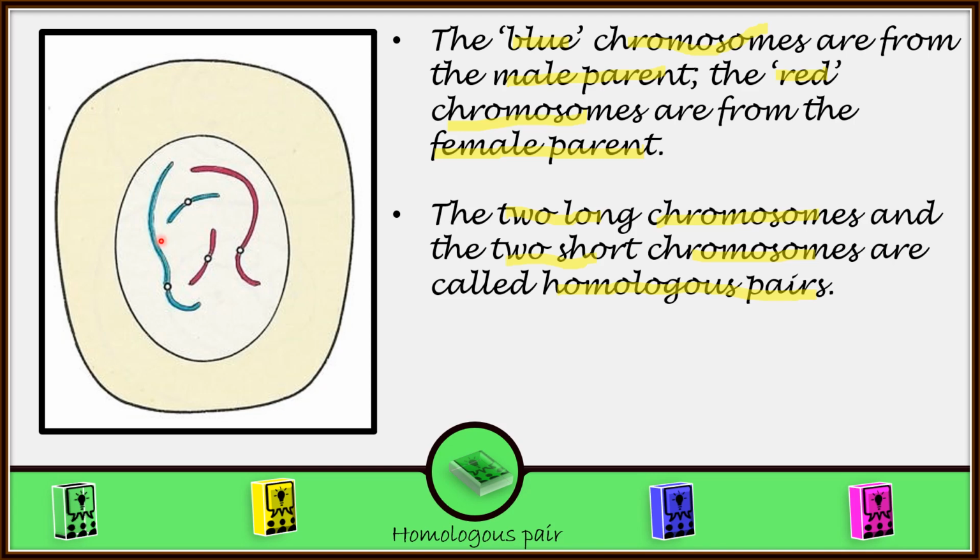And when they are moving together, that pair is called a homologous chromosome or a homologous pair. Now, this short one came from the male gamete, and this one came from the female gamete. The two will move together, and when they are moving together as a pair, we call them a homologous pair.